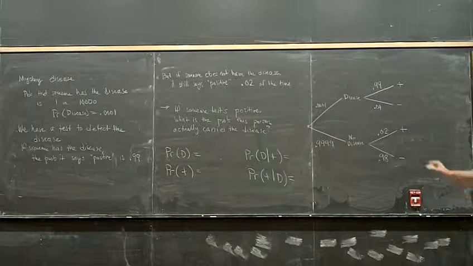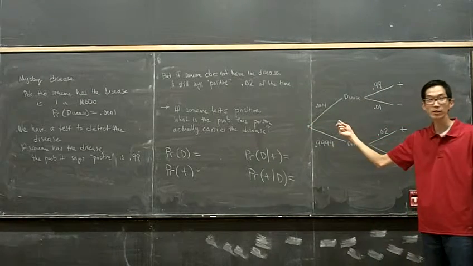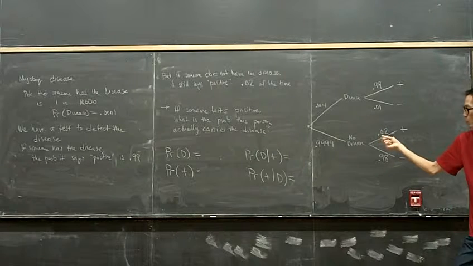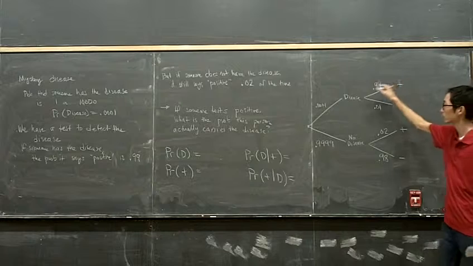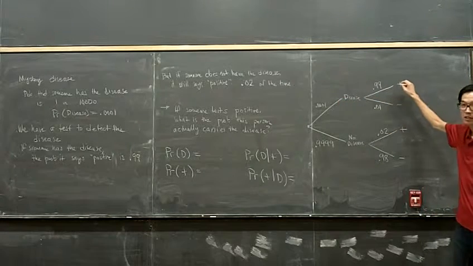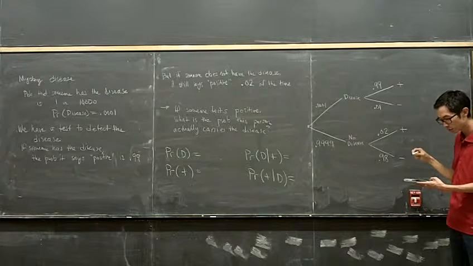So, if someone tests positive, what's the probability that this person actually carries the disease? Let's figure out the probability that someone might test positive. There are 2 ways somebody can test positive. They have the disease and they test positive. So what's the overall probability that someone has the disease and tests positive?